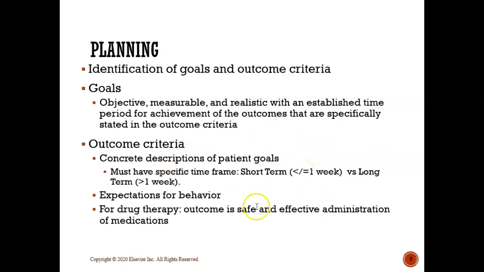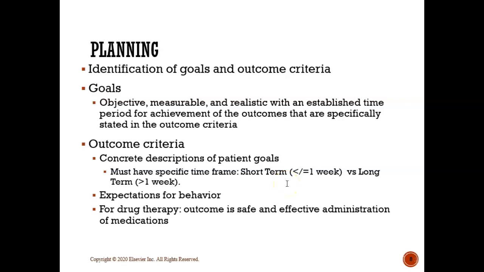And also in the outcome criteria, what are you expecting to see, right? What are the things that will tell you that you've achieved that goal? And like I said earlier, for that specific patient, the blood pressure will be less than 150, less than 140.